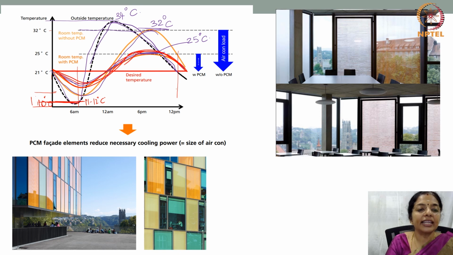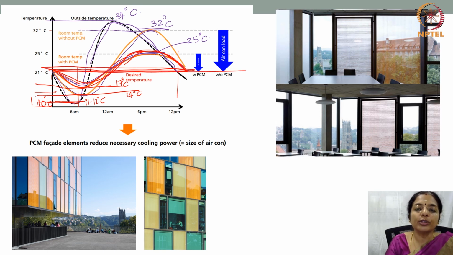At that time, you can see that when you do not have a PCM, it reaches up to 14 degrees centigrade, and with PCM about 17 degrees centigrade, whereas this is your desired temperature.